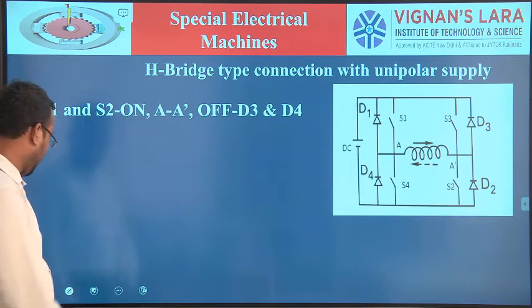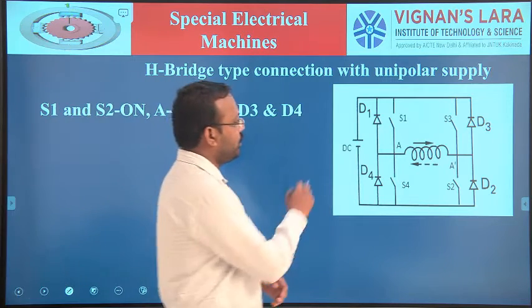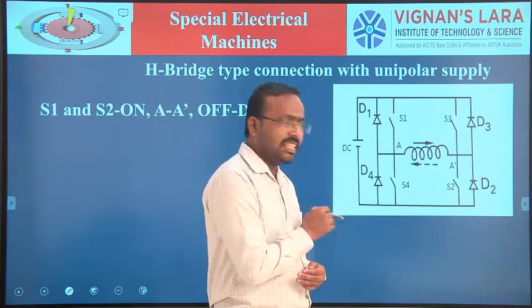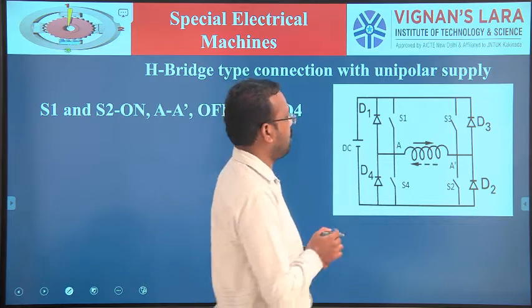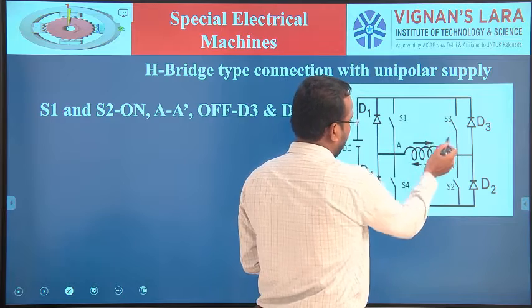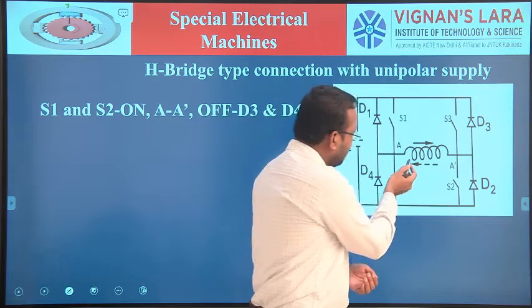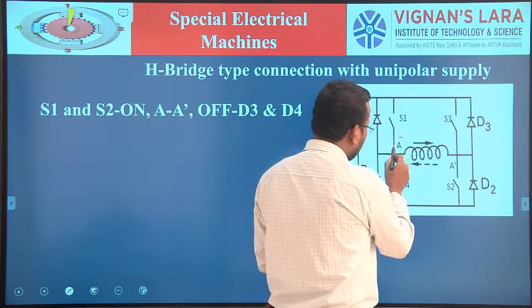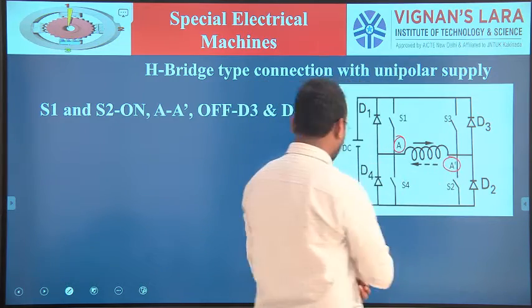Here, this is your bridge type connection. In this case, for a phase, 4 switches are utilized: the switches S1, S4, S3 and S2. Here we have a phase winding. One terminal of the phase winding is A, the other terminal is A prime, as we discussed in the last slide.